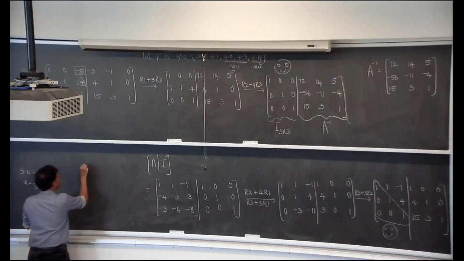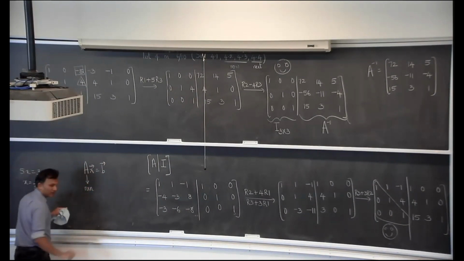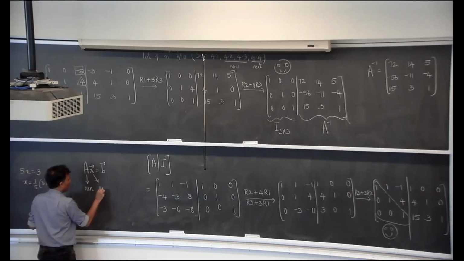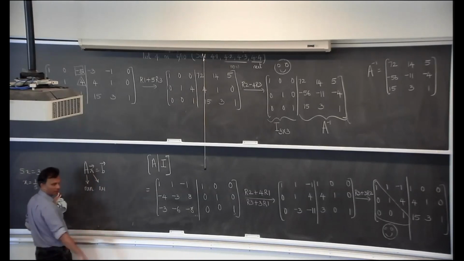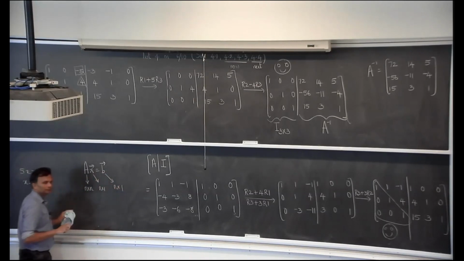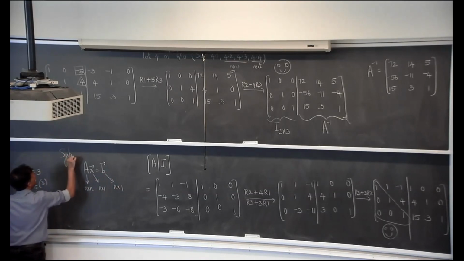If you have a linear system Ax equal to b, where A is an n by n matrix, and now we are dealing with only a square matrix, x is an n by 1 vector, x1, x2, x3 up to xn, and b is also an n by 1 vector. So it's a system of linear equations.